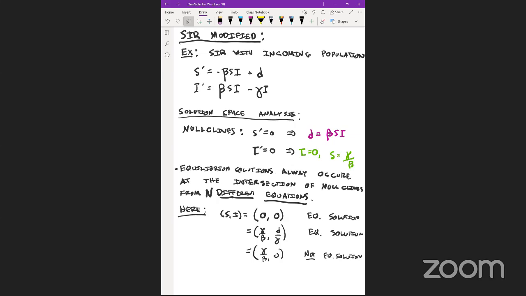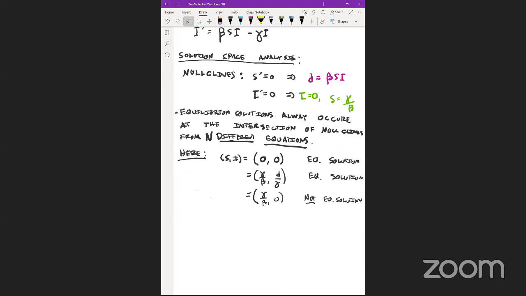Okay, well, let's draw the picture. We've got S, we've got I. So let's draw on our null clines. I'm just going to draw this as a rough sketch, right? So beta and D or something. I'm not going to be too precise, but positive real numbers. So that means, of course, that this line here is basically going to look like 1 over x, right?